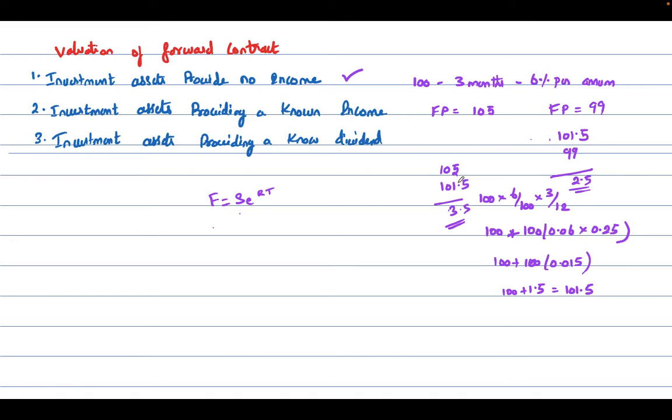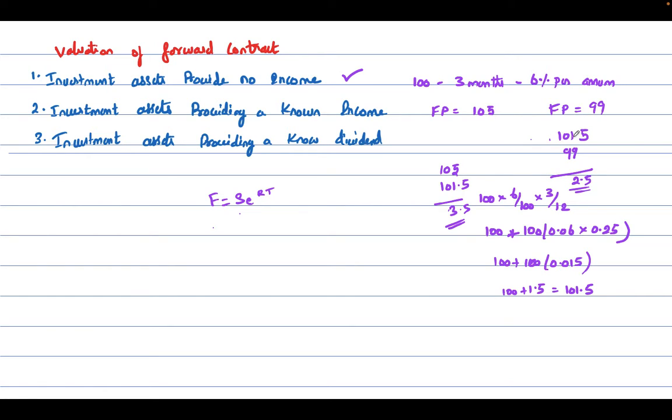So in the first case, the forward price is 105 and the spot price is 100. So the forward price is more than the spot price. So what we are doing, we are borrowing money from outside and creating a short position. Whereas in the other case, we assume that the forward price is 99, but the spot price is 100. The forward price is lesser than the spot price.